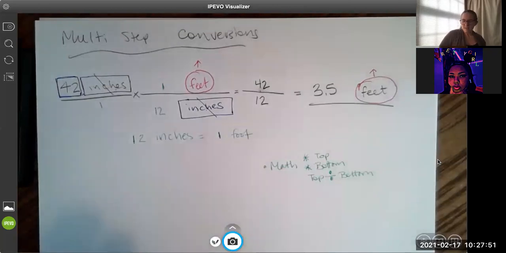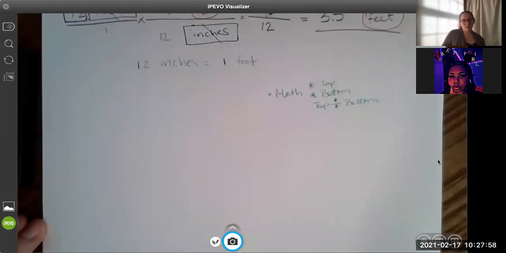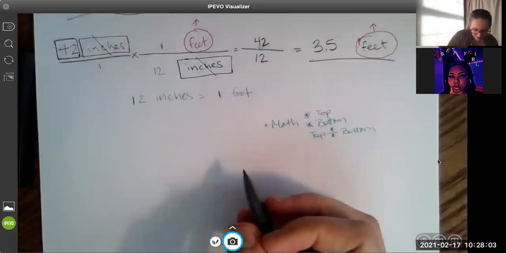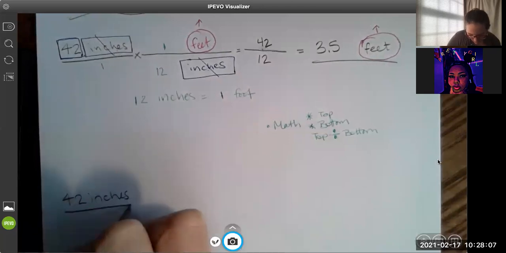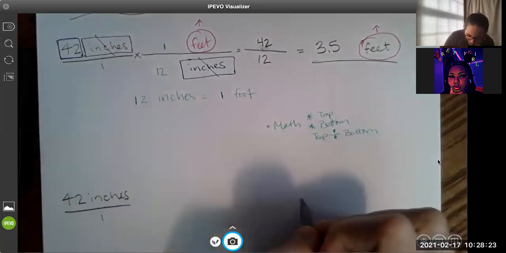Okay, let's take those same 42 inches, but now instead of feet, we're going to go to miles. Here's an option. Do you want to take that to miles or to meters? Miles. To miles. All right, let's do it.